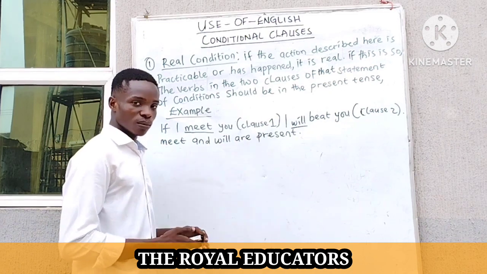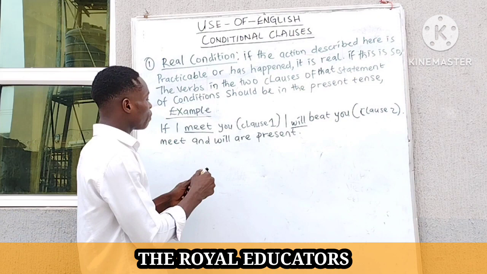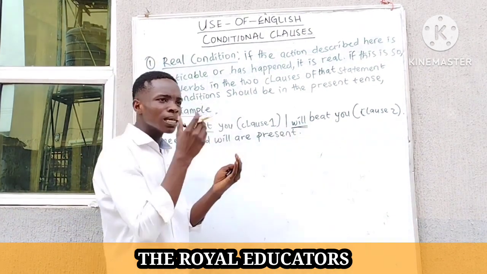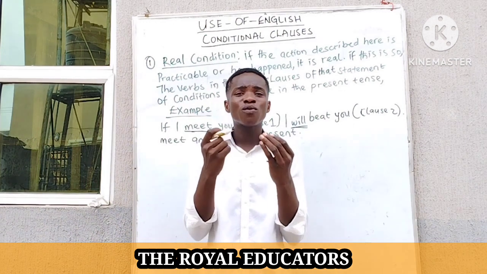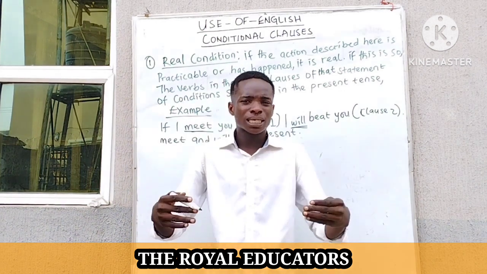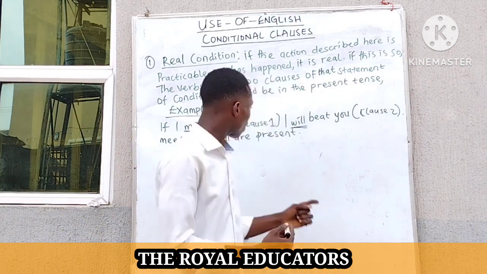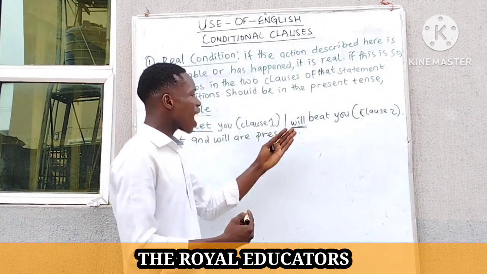Having a present tense here and a present tense here makes this condition real. It makes it look like it can happen if it is to happen. So we have: if I meet you, I will beat you.